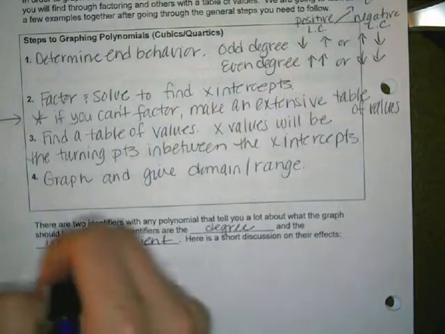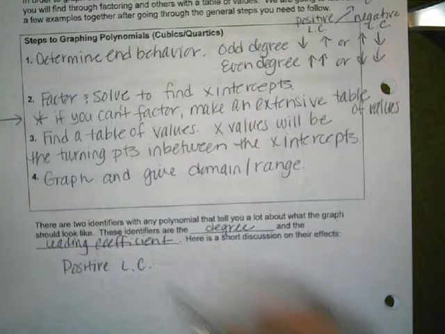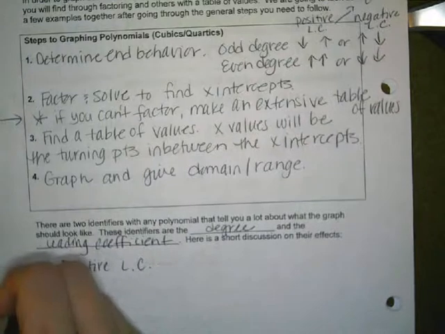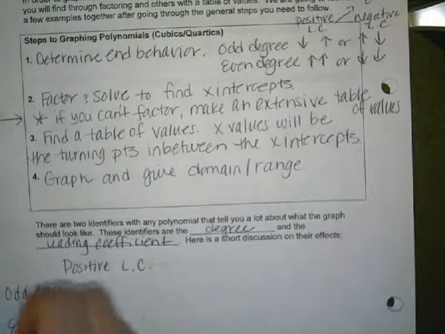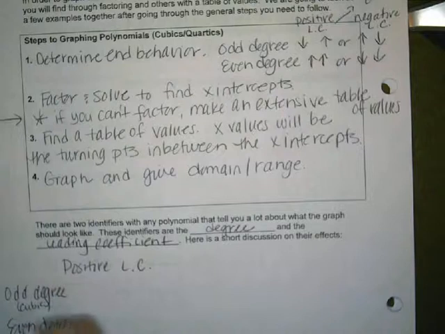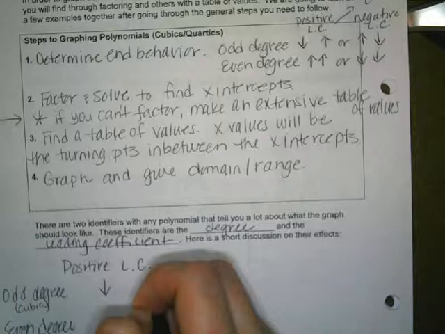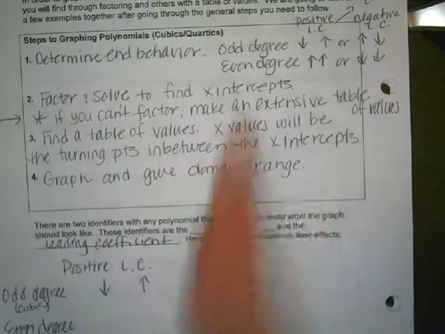So if you have a positive leading coefficient and an odd degree, maybe you want to add in here that this is a cubic, and this is a quartic or a quadratic, it's going to go down on the left. Your graph is going to be headed towards negative values on the left and positive values on the right.